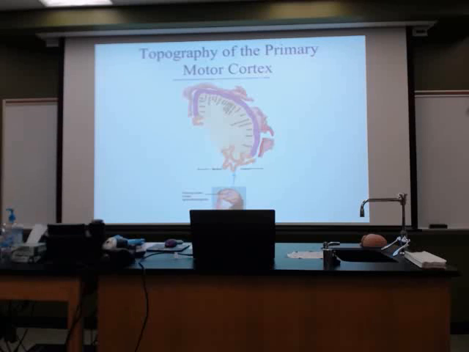This is the homunculus and the areas of the cortex that get the information. Once again, what do you notice about little man? He's upside down. Once again, he's upside down.